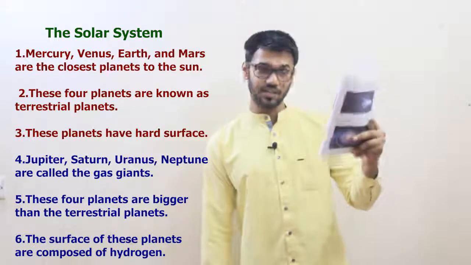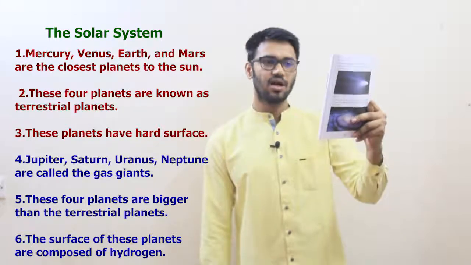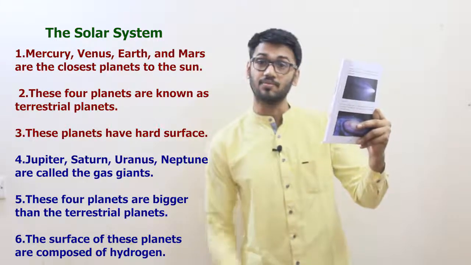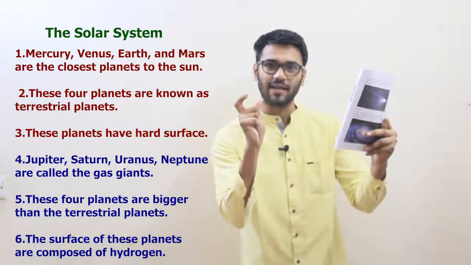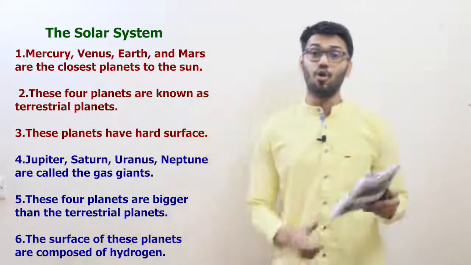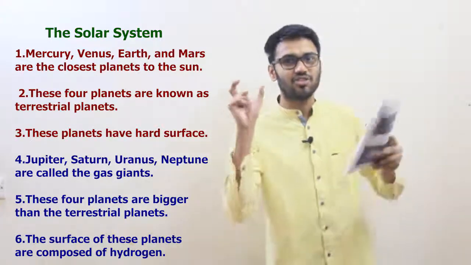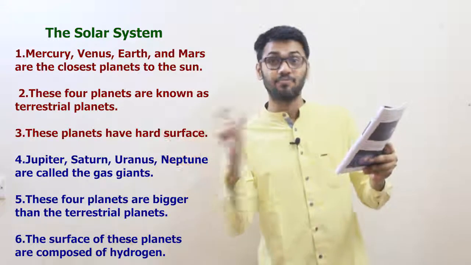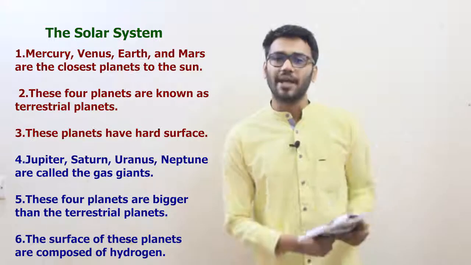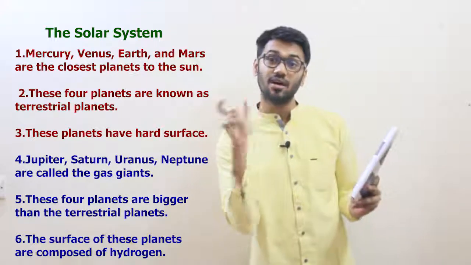Mercury, Venus, Earth and Mars are the closest planets to the Sun. They are the closest planets. These 4 planets are known as the terrestrial planets. These planets have a hard surface.